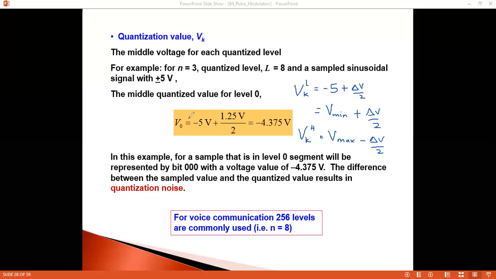So for the lowest level, in this example, V min is minus 5. Our delta V is 1.25. So 1.25 divided by 2 plus minus 5 is equal to minus 4.375. So the quantized voltage for the lowest level is minus 4.375.